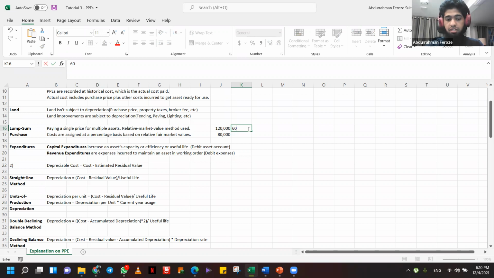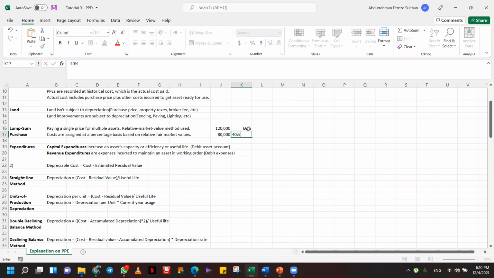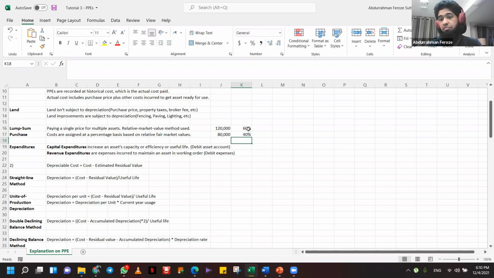So 60% here and 40% here. So when you're apportioning the cost, now you have paid 150,000, right? So you put 60% of the 150,000 for land and 40% of the 150,000 for the building. This is just a very quick way of doing it. And it's very straightforward. So if there's any question, the values will be given to you directly, you just have to apply it. Okay. And then next you have expenditures.